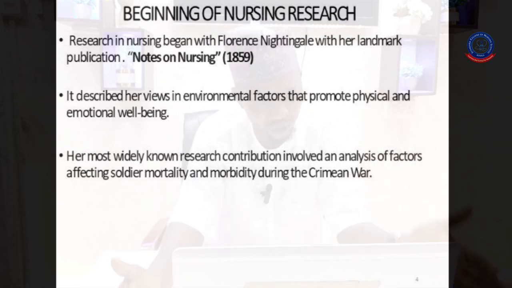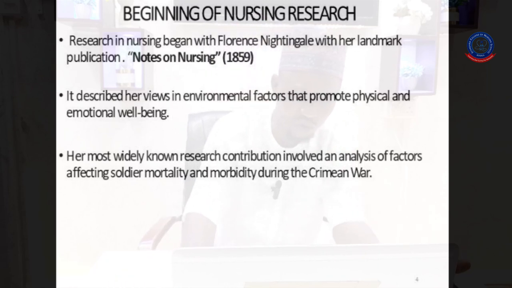She developed a note that has to do with the profession of nursing. It describes her views on environmental factors that promote physical and emotional well-being. Then her most widely known research contribution involved an analysis of factors affecting soldier mortality and morbidity during the Crimean War, that is in Russia.